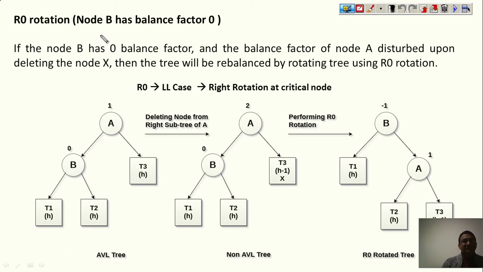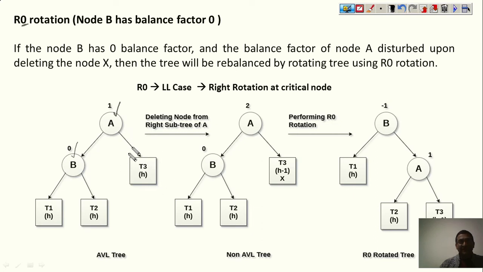So the very first is the R0 rotation. Node B has a balancing factor 0. What does that mean? Let us revise: A is your critical node and B is the root node of the left subtree, and we are deleting a node which occurs in the right subtree.